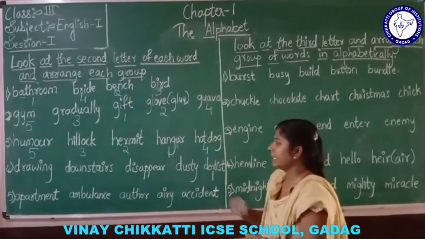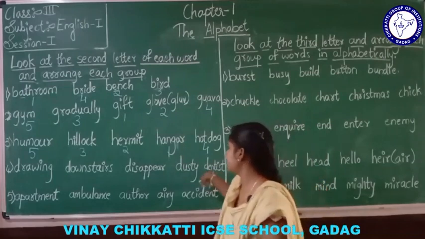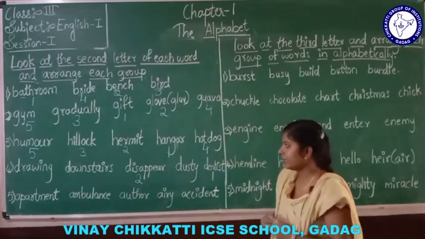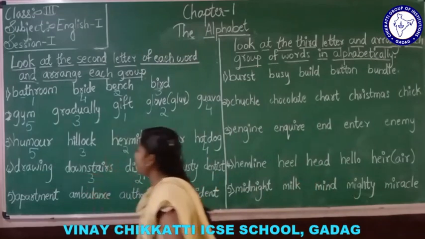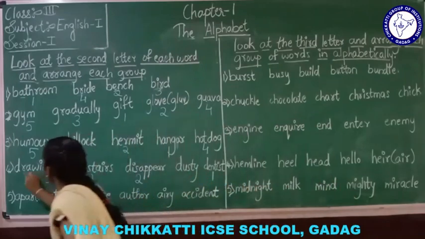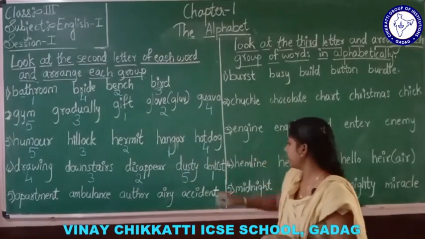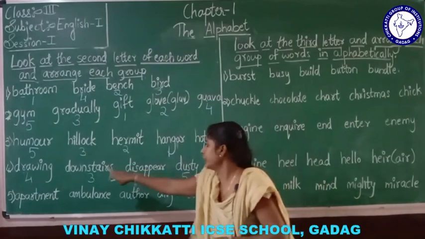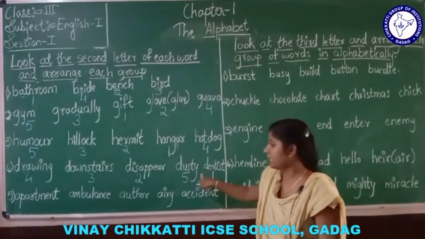Next, A, B, C, D, E, F, G, H, I, J, K, L, M, N, O, P, Q, R. So this is the fourth one and this is the last one. Understood? See, dentist, downstairs, disappear, then drawing, at last it is dusty. Understood?